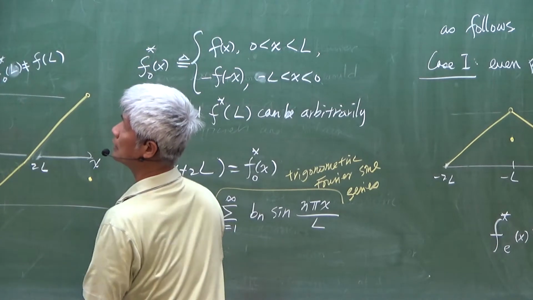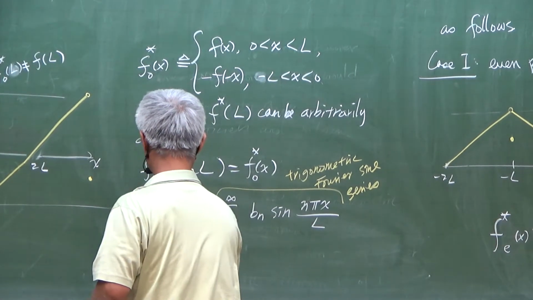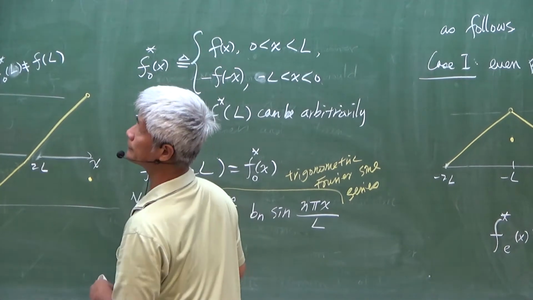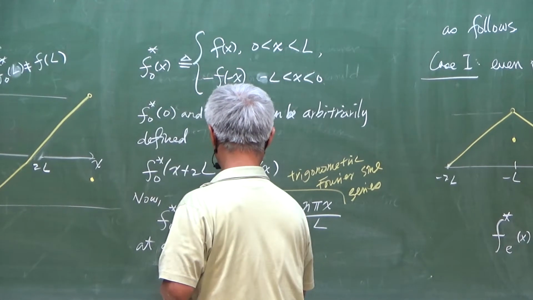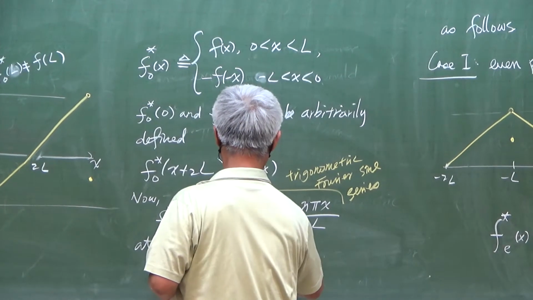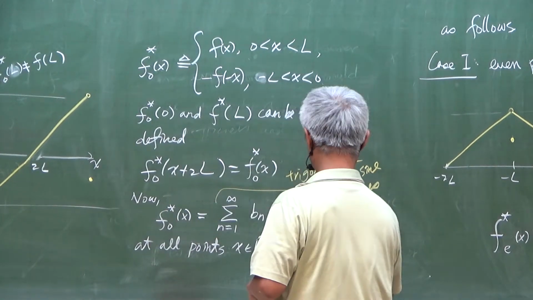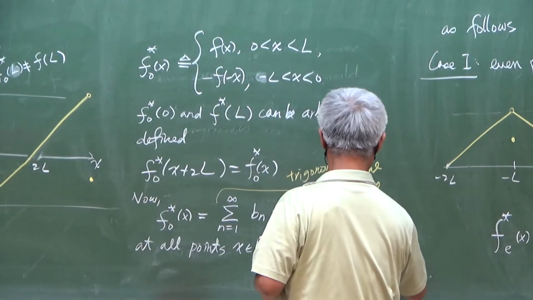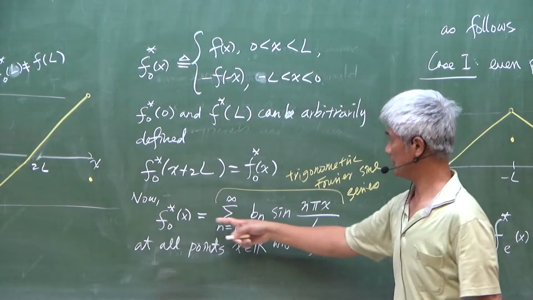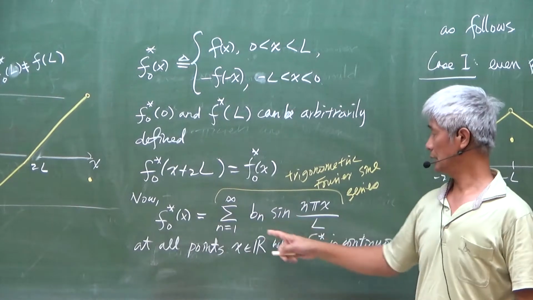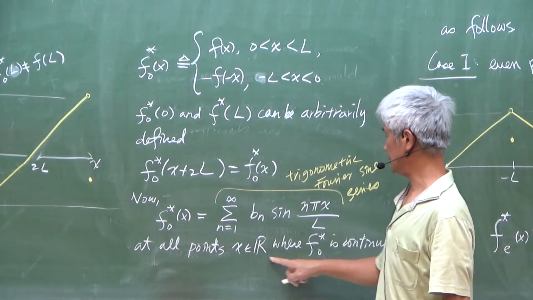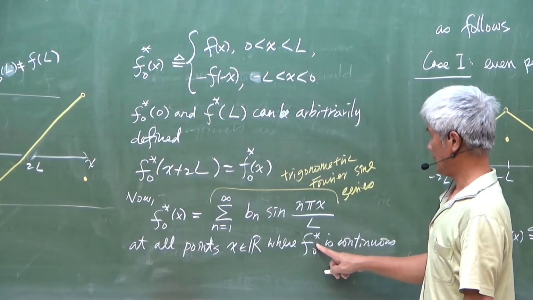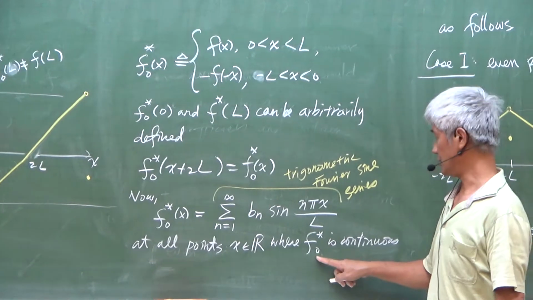And for all points x in R, where f0 star is continuous. Okay, so this is an equality for all points x in R, in the whole range, where the odd periodic extension is continuous.